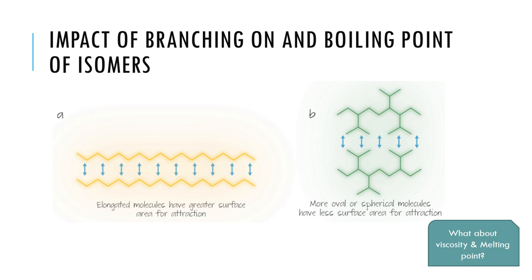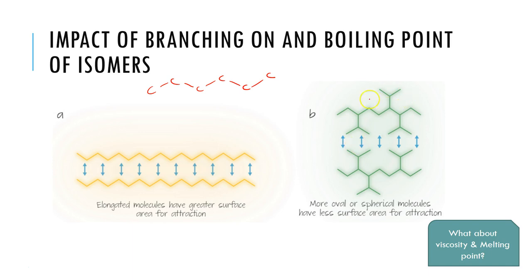Okay, if we look at this, if we have those straight chain isomers like with hexane where we draw them all out like this, okay, that means that they can stack really nice and close together. They have a really high surface area, which means that when those dispersion forces, those instantaneous dipoles occur, there's a wide surface area for them to attract with each other.